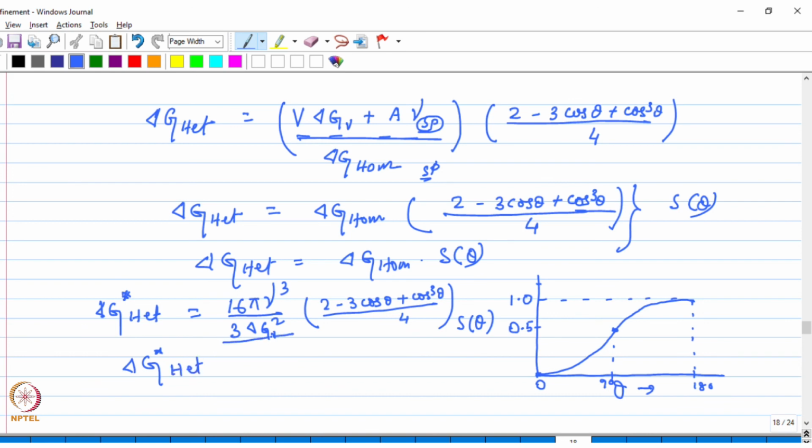This is delta G star homogeneous. We already know that. And therefore delta G star heterogeneous becomes this.